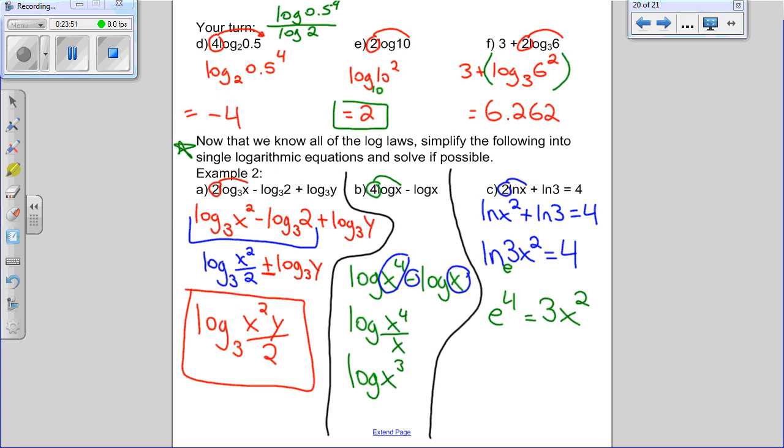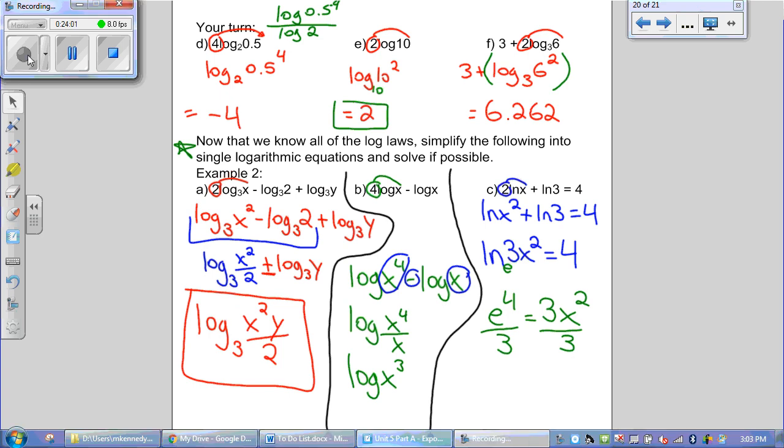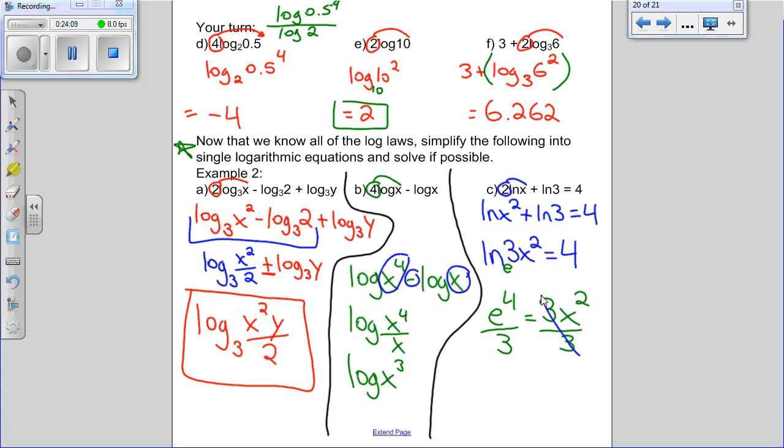So you would divide both sides by 3, and then you would square root both sides. So your answer would be the square root of e to the power of 4 divided by 3 equals x.